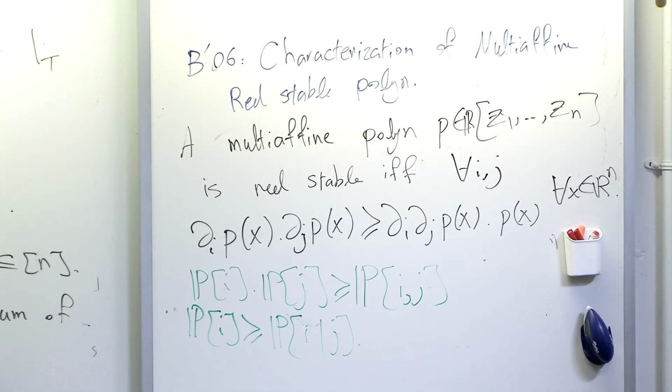Meaning that if I condition on j to be in my sample, this can only bring down the probability of i. We already knew, for example, for random spanning tree distributions, that they are negatively correlated from Kirchhoff's formula like 100 years ago. But this actually says that this holds for any real stable polynomial, for any strong Rayleigh distribution.